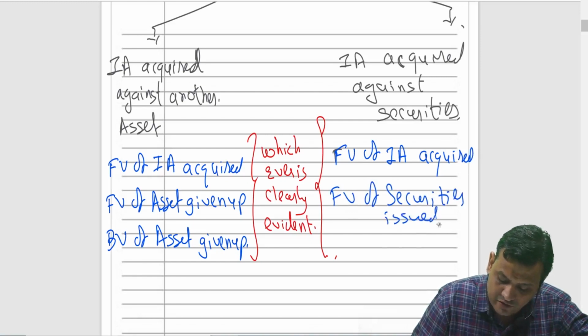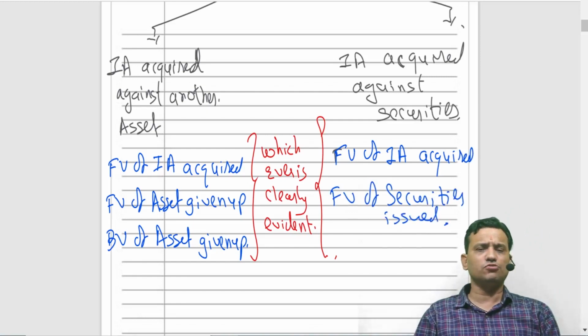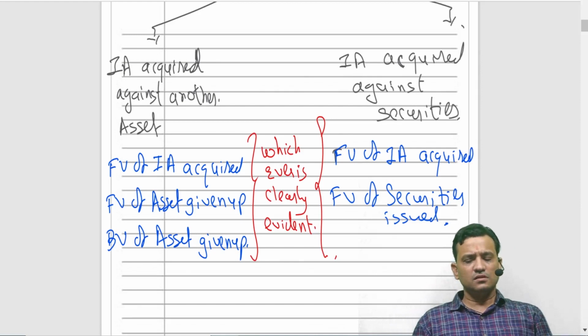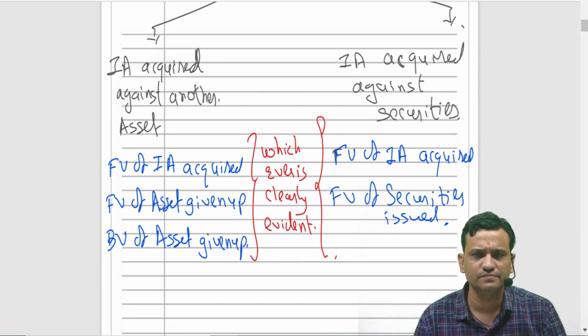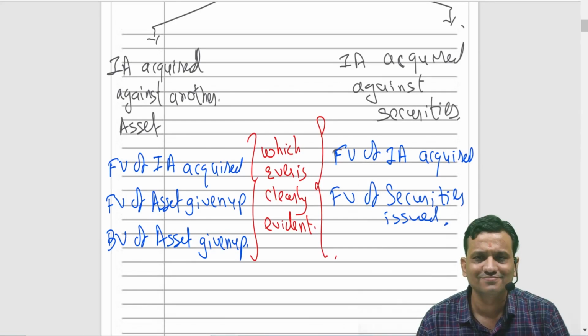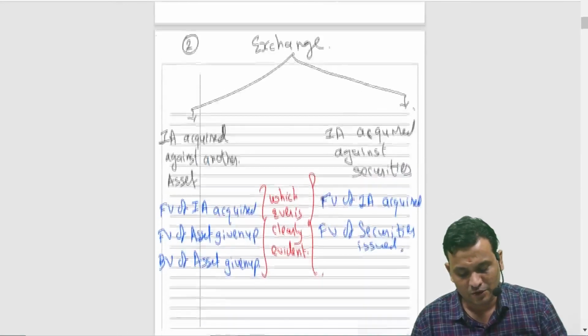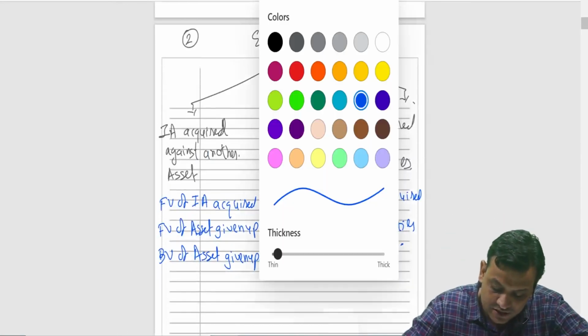What is the fair value of the shares you are issuing? Of course, the question of book value will never arise. Why, friends? The reason is very simple: the securities which I am issuing do not have a book value. They are not appearing in my books. So this is with respect to exchange.